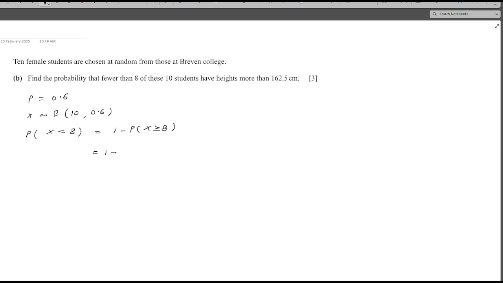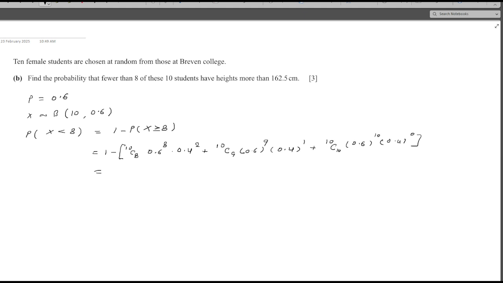So let us do that. 1 minus, probability of X equals 8 will be 10C8, I will use a bracket, your probability of success is 0.6, so 0.6 power 8 into 0.4 power 2, plus 10C9, 0.6 power 9 into 0.4 power 1, plus 10C10, 0.6 power 10 and 0.4 power 0.